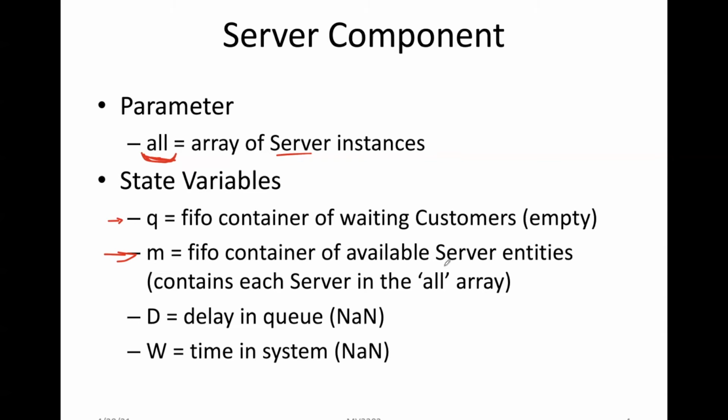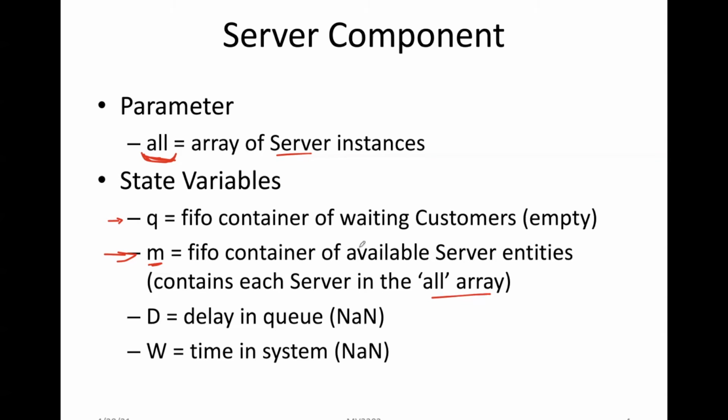So in other words, if a server is available, that means that a server object is going to be in this FIFO container. And its initial value is going to contain every server in the all array. So the all array has all the servers, and the available servers will initially have all of them.